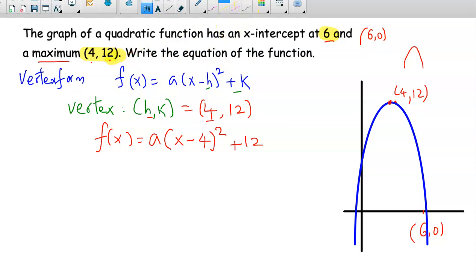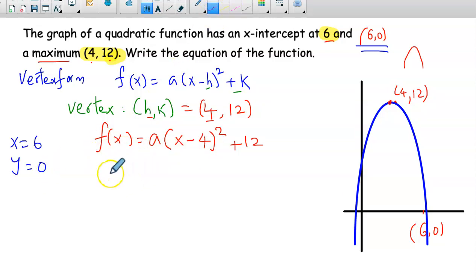Now you have one more piece of information. They're telling us that the x-intercept is (6, 0). So this tells me that if x is equal to 6, the value of y is equal to 0. The y value is nothing but the value of the function. This f(x) becomes 0.